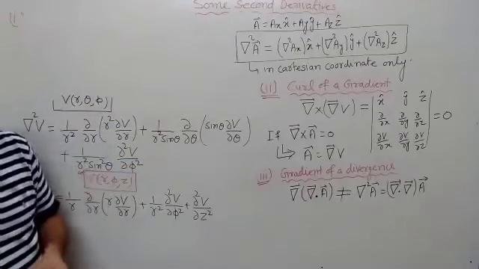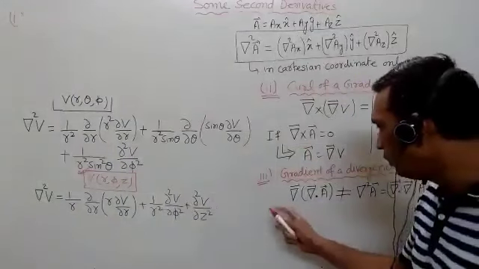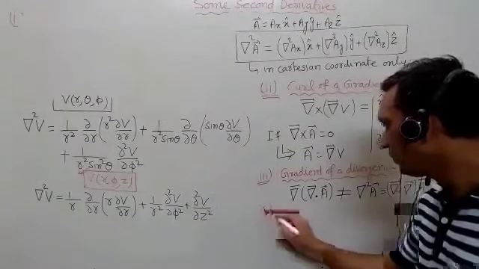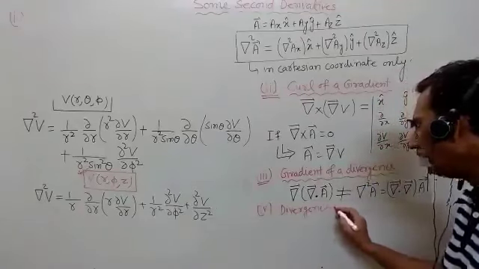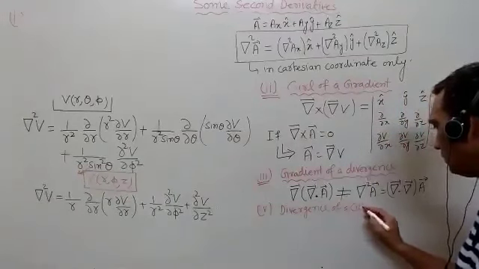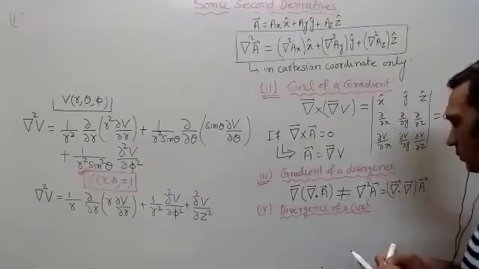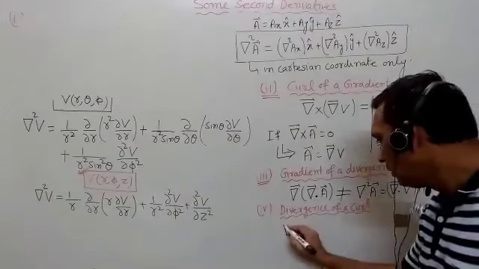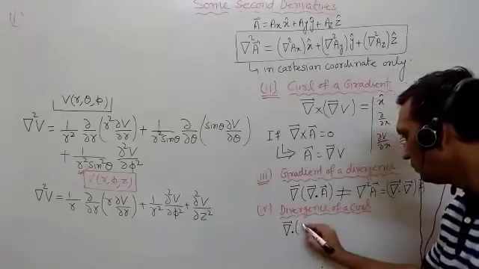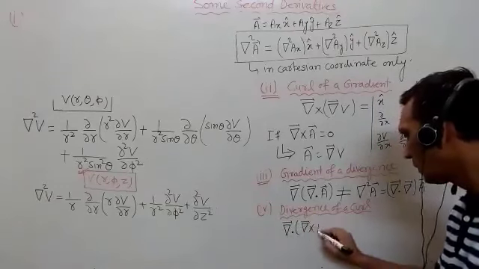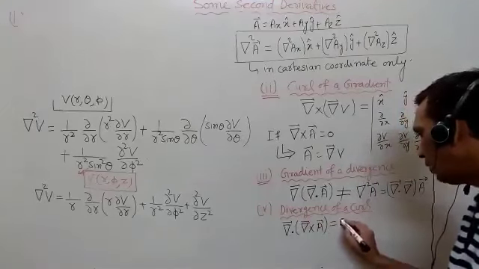Now fourth is, you can also find the divergence of a curl. If you expand this, again you will see the divergence of a curl is always 0.